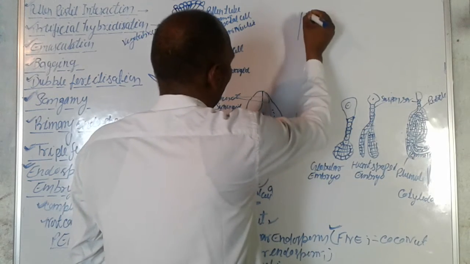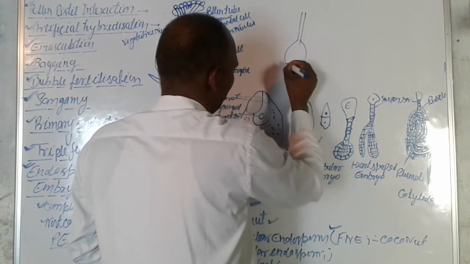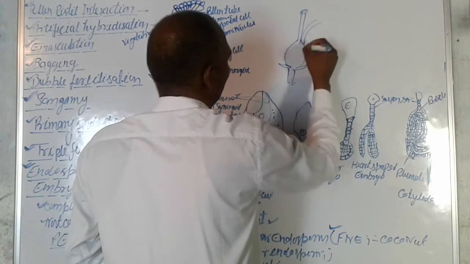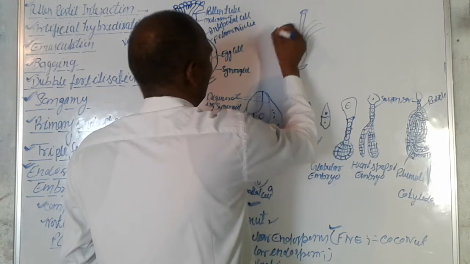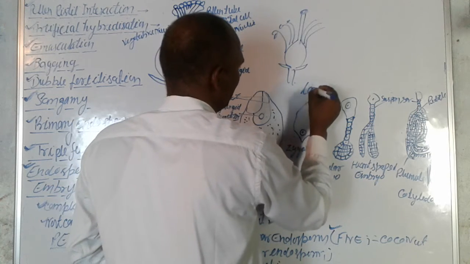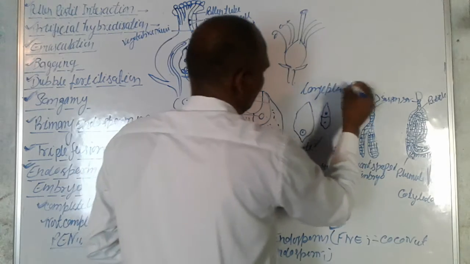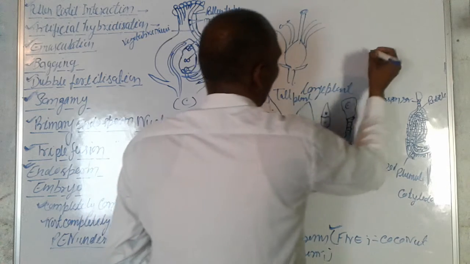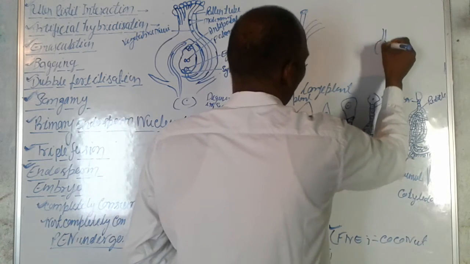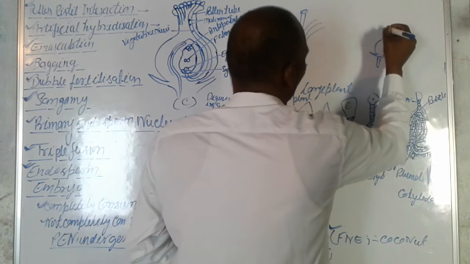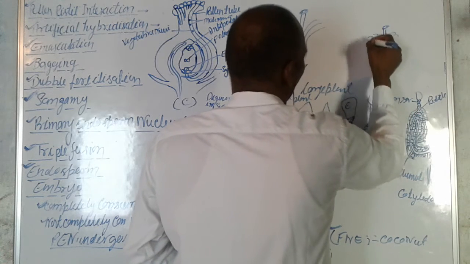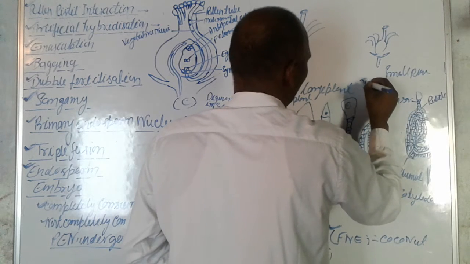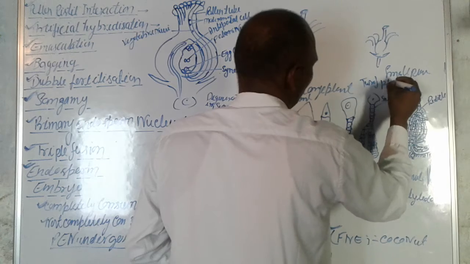This is a plant, this is a large or tall plant, and this is a small or dwarf plant.